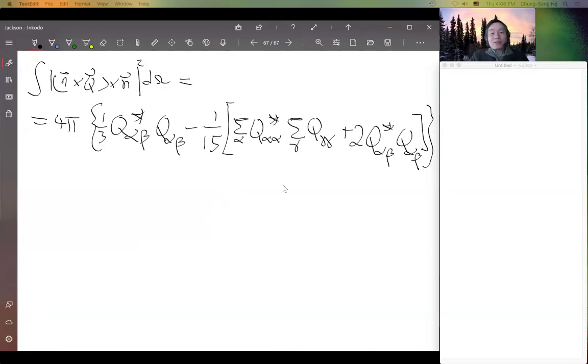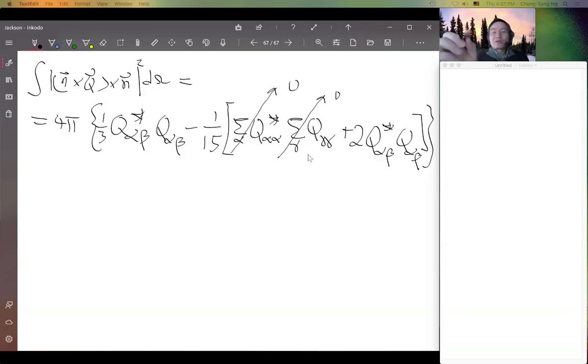Now the main idea is that this Q tensor is defined as traceless, meaning the trace, the sum over all the diagonal terms, Q11 plus Q22 plus Q33, is exactly 0. This is by design.